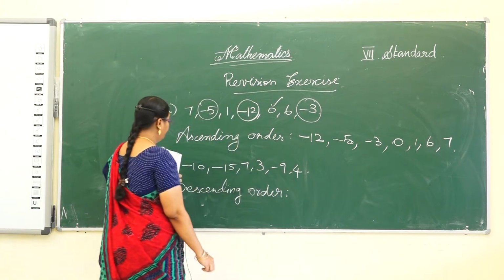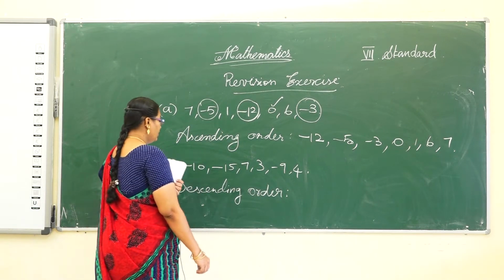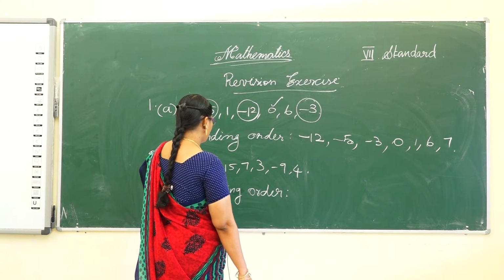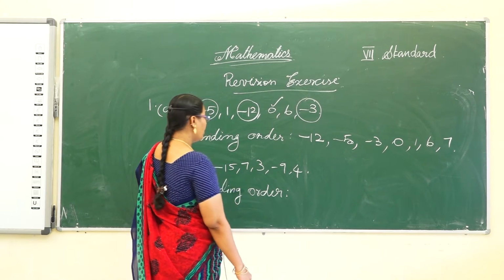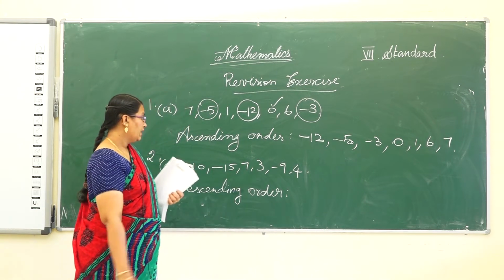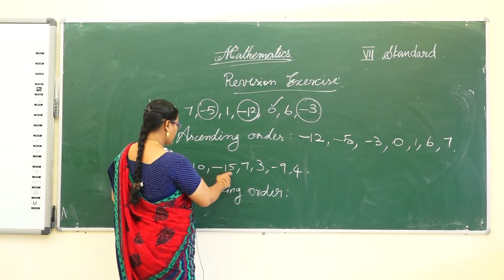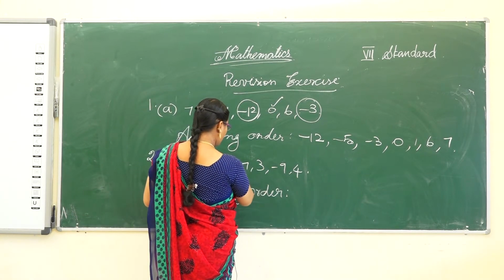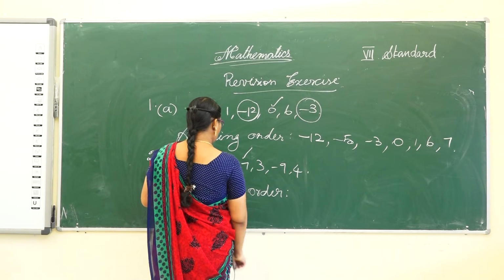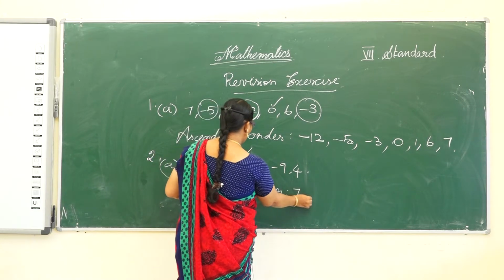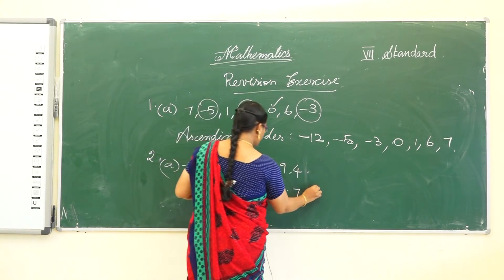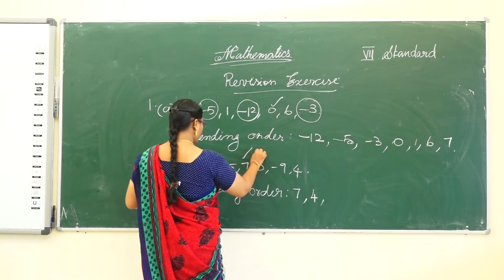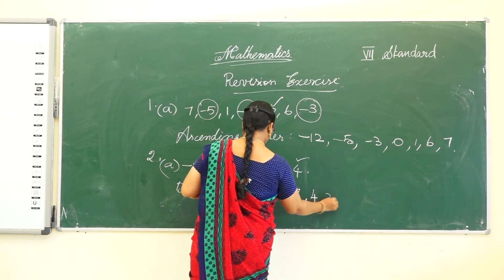Descending order, write from the greatest value. Here, where is the greatest? Here 7. 7 is the greatest value. The next greatest value is 4, and the next one is 3.